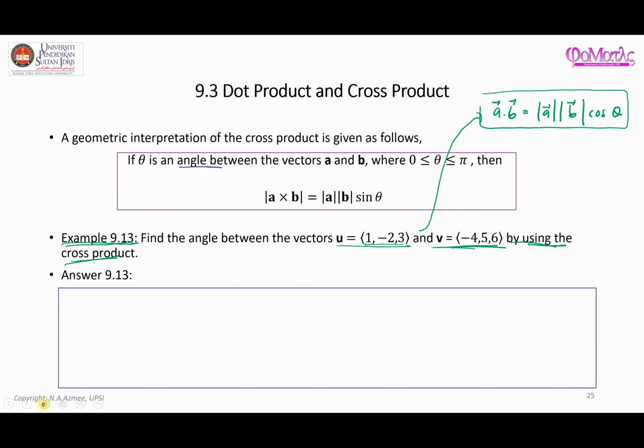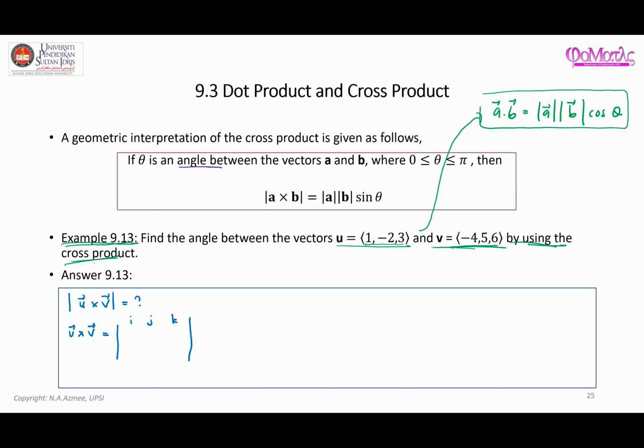Okay, so now first of all, we are going to start off with finding the magnitude of U cross V. So we're going to start with finding the cross product of U and V. The cross product of that is equal to, okay, I'm going to resort to this approach because it is easier for me.